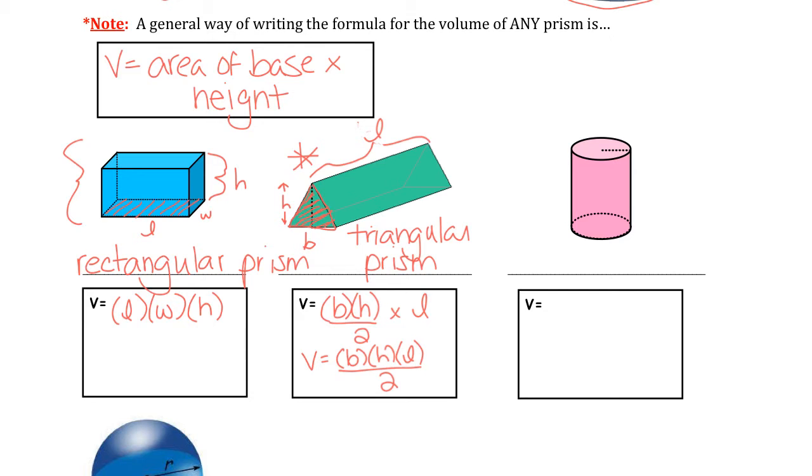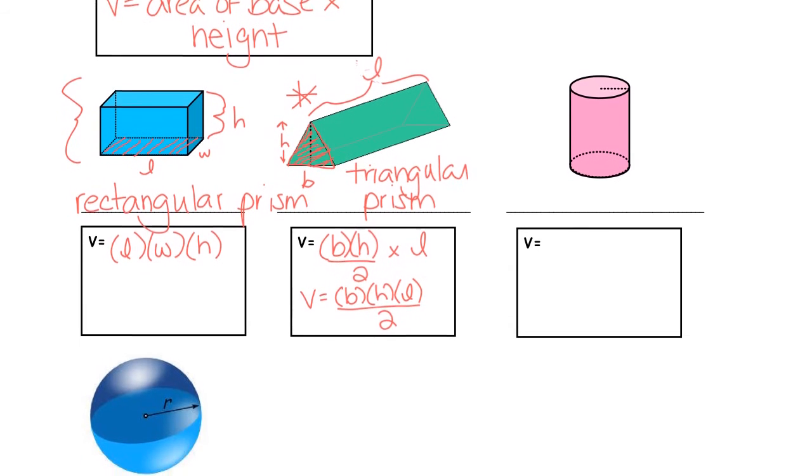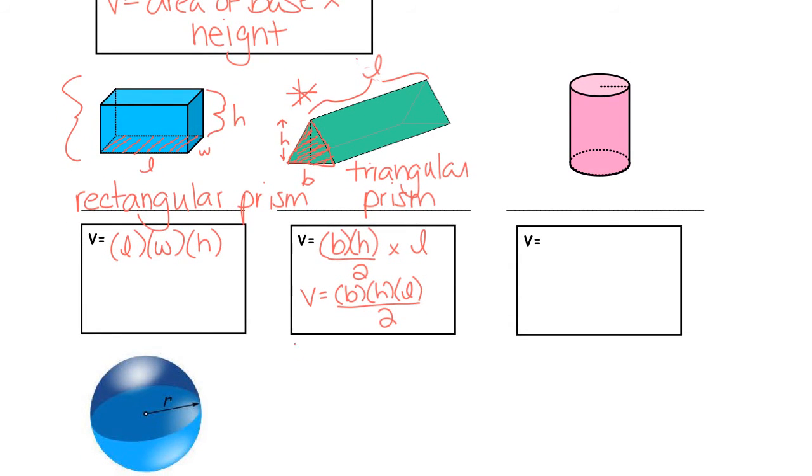So you could write it as 1/2 times base times height times length. Whichever of those three works for you.